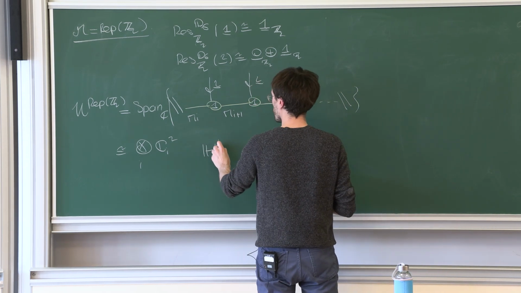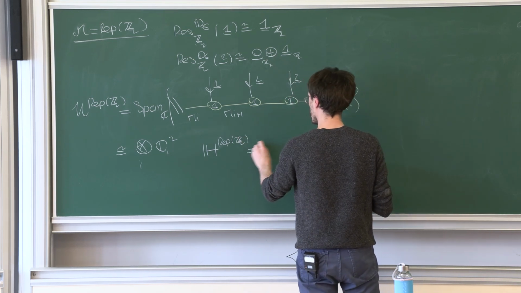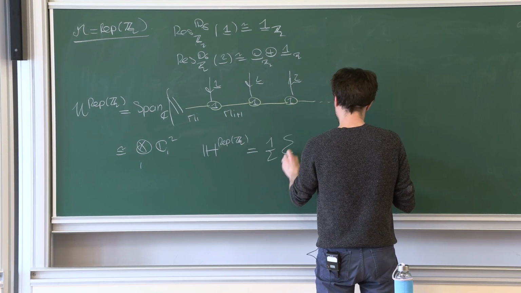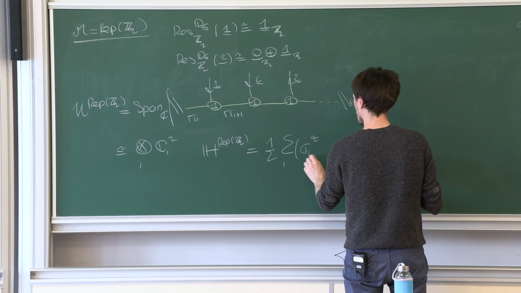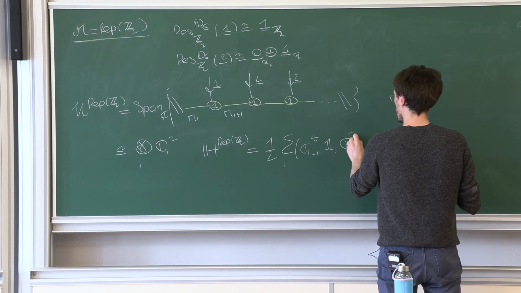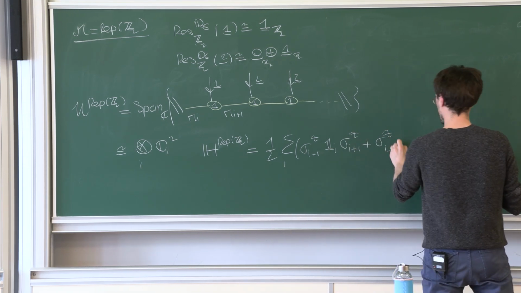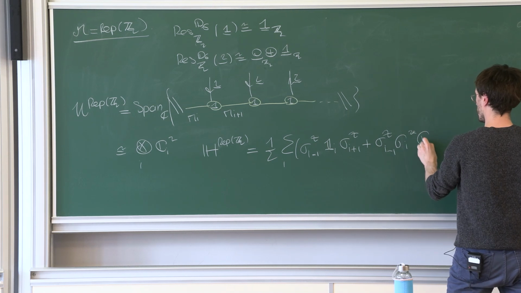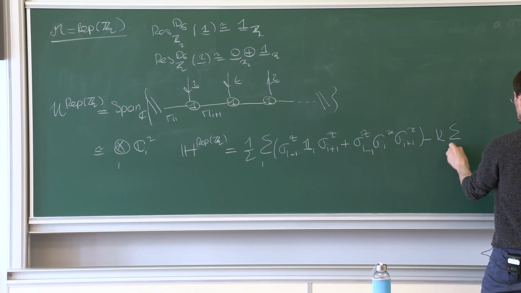Then you compute the F symbols. Again, it's always some Racah coefficient, so I'm just giving you the answer. And you find, as I said, it's still a spin 1/2 model, and you get a simple looking Hamiltonian. Something like this.